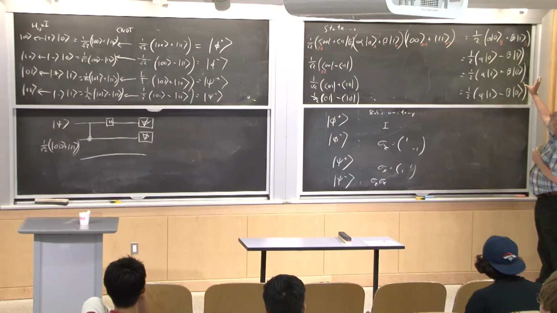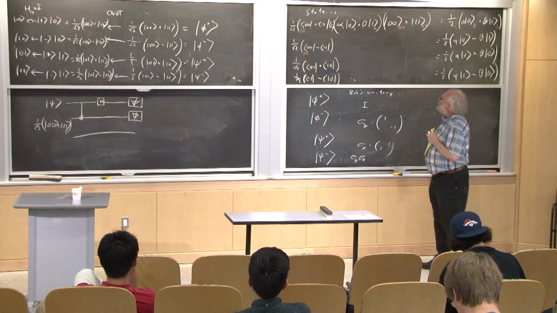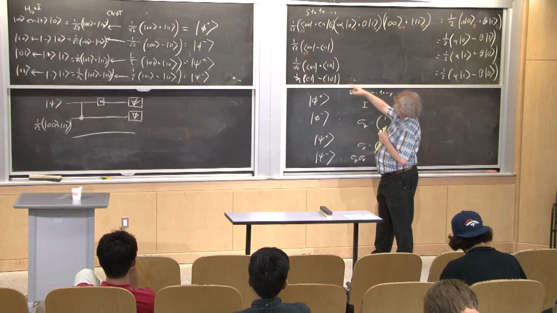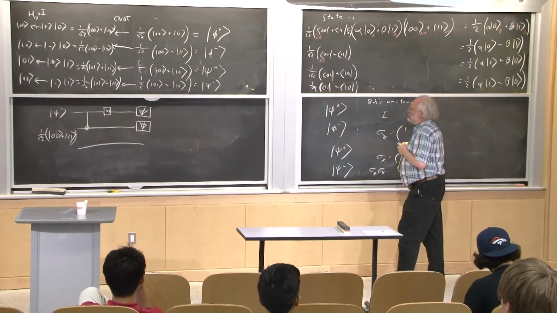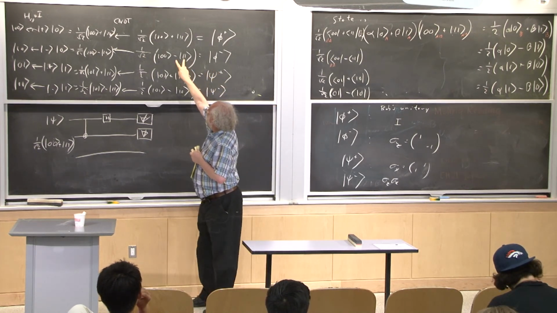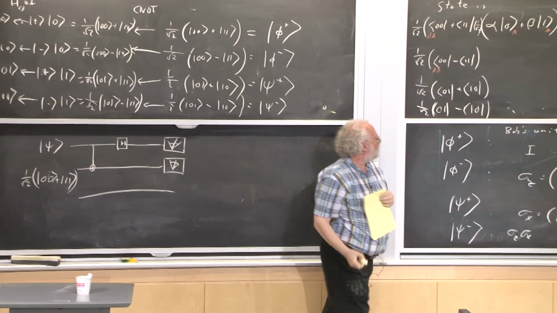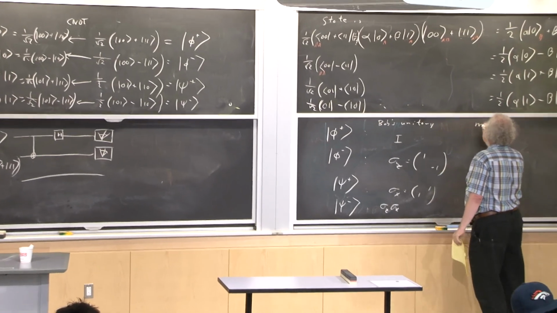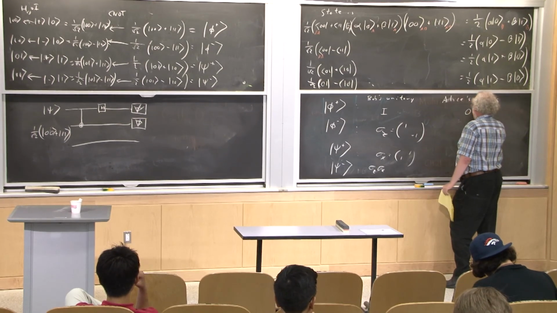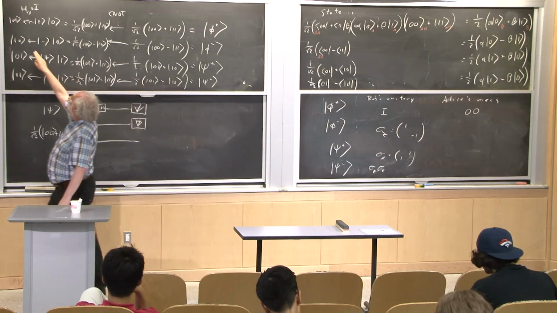So the next thing we want to do is apply this correction. Let's go back here. For the phi plus, our measurement result was 0, 0. For phi minus, Alice's measurement result was 1, 0.